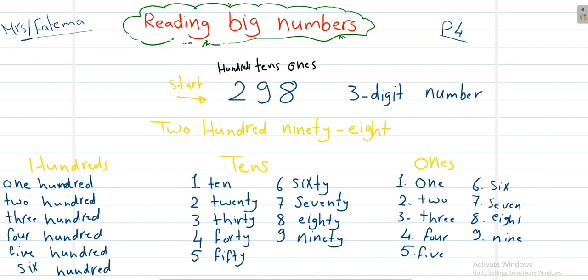Okay? If I have a number like this one, how can I read it? As usual, this is in the ones, this is in the tens, and this is in the hundreds. We start from the left.